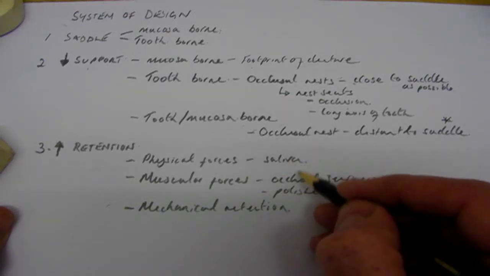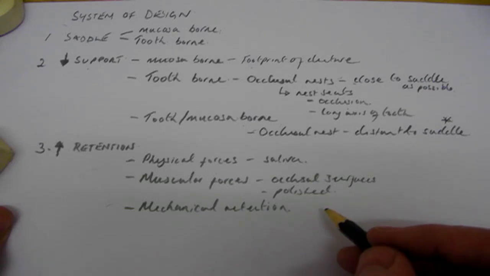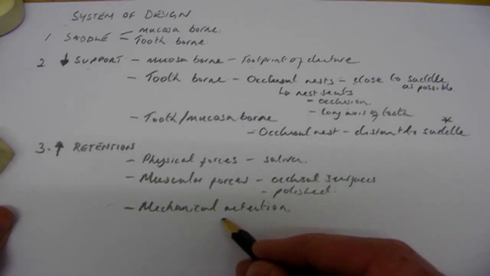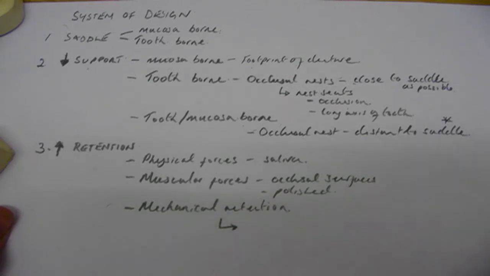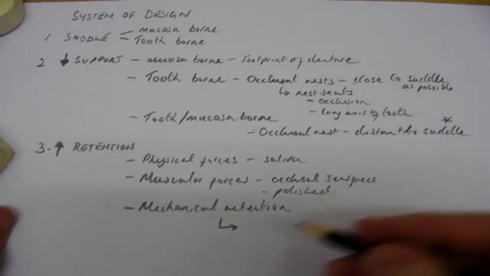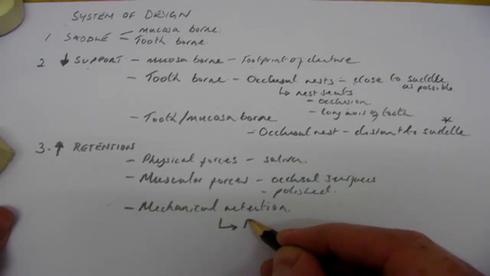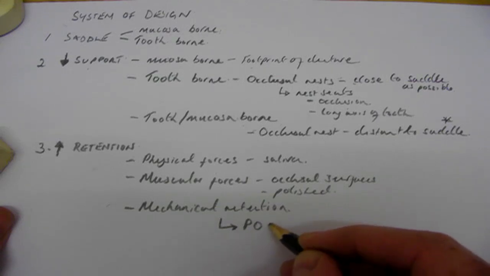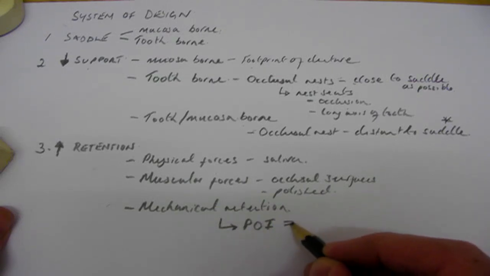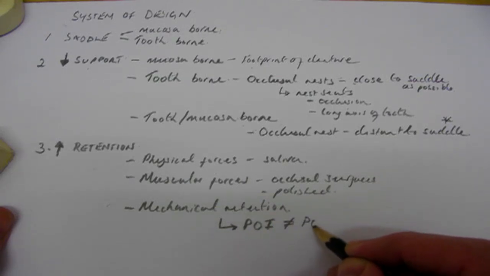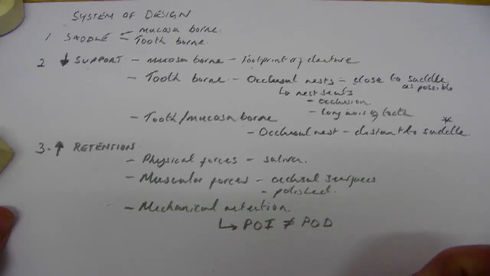You know all about these physical and muscular forces already, and when we talk about mechanical retention, there are two ways of gaining it. Firstly, by creating a path of insertion that differs to the path of displacement.